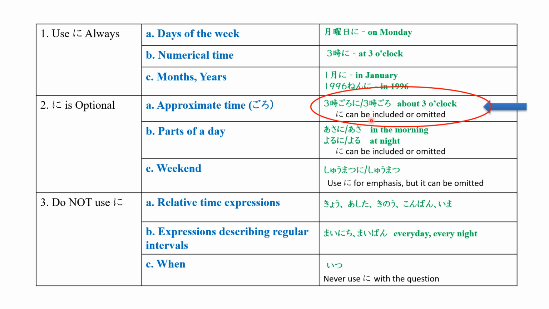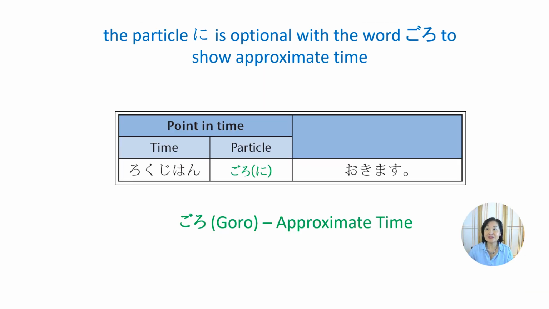This means not exactly 3 o'clock, but around 3 o'clock. With goro, the particle ni is optional. The word goro is used to indicate an approximate point in time, so this sentence, 6時半ごろ起きます or 6時半ごろに起きます, both mean I get up about 6:30.